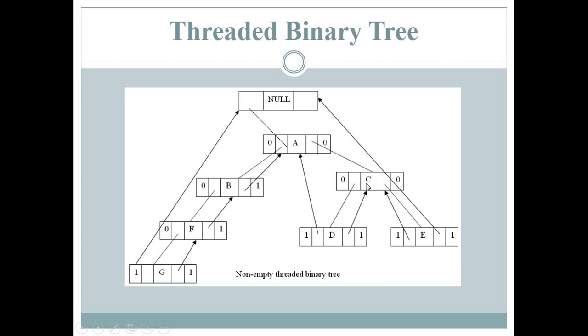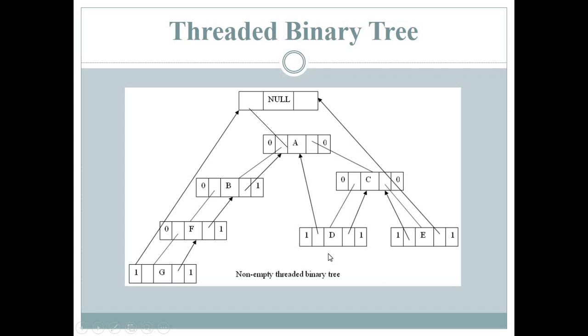We discuss C. C has both left and right children, so we will put 0 on the left thread and right thread parts. Let's discuss F. F has a left child, so we will put 0 on the left thread part, but it does not have a right child, so we will put 1 on the right thread part.